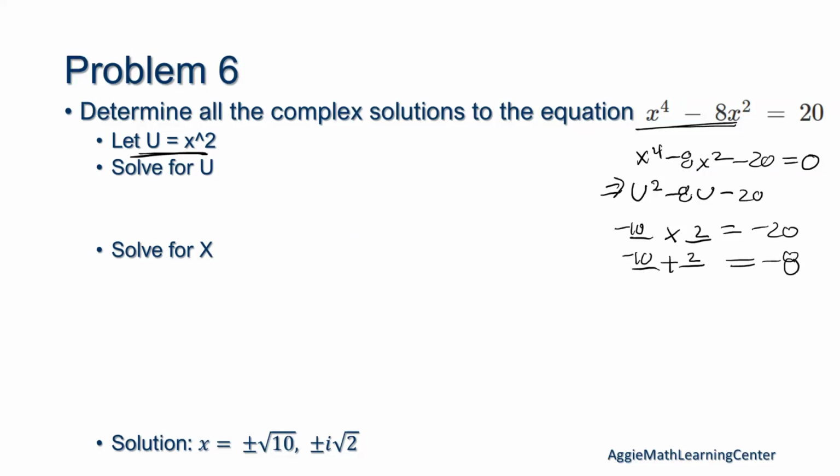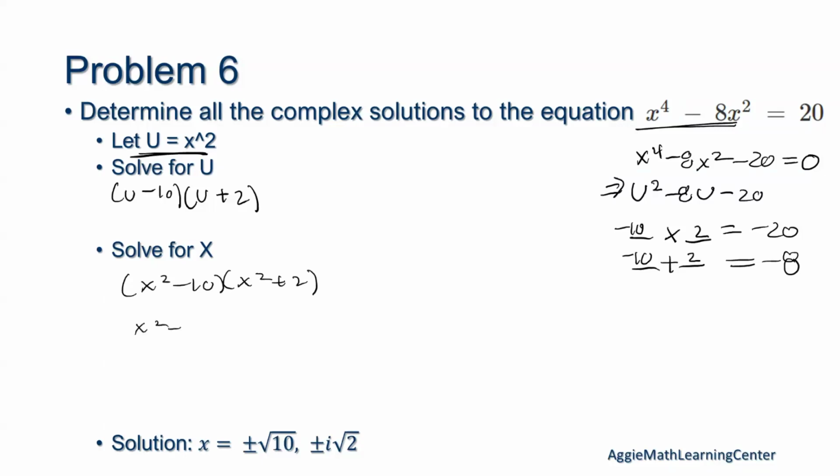So then we have u minus 10 multiplied by u plus 2. Putting x squared back in, we have x squared minus 10 and x squared plus 2. One of these has to equal 0, at least one.